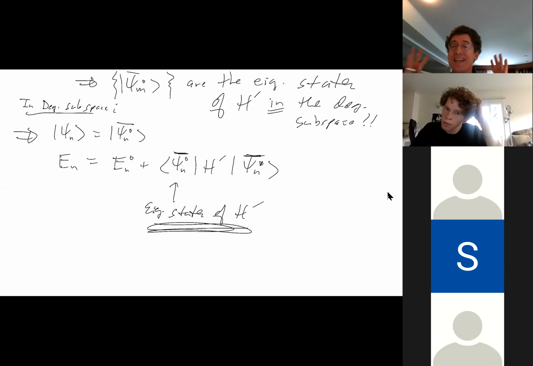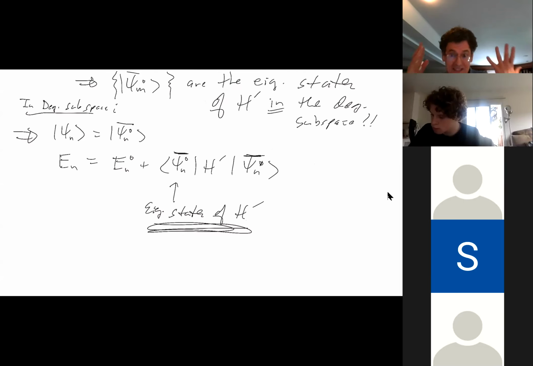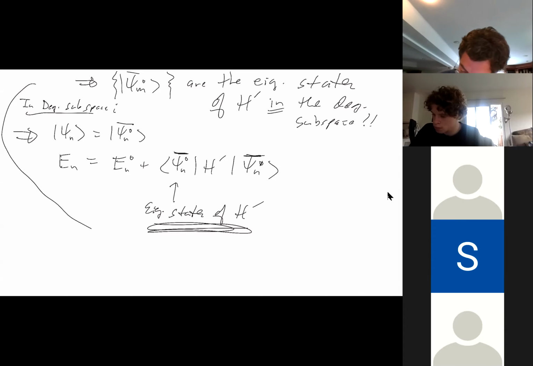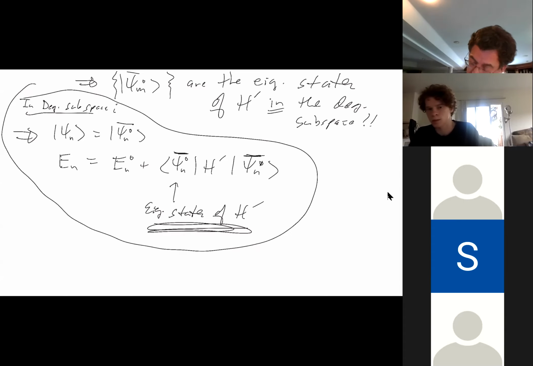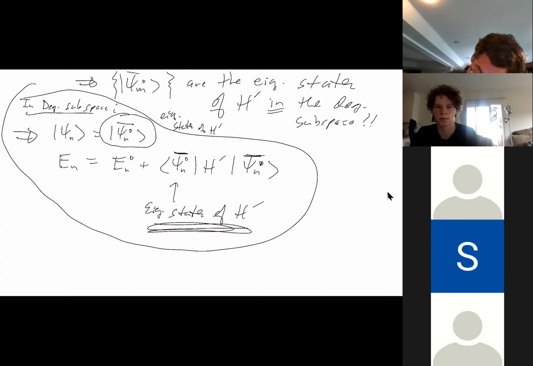Okay, so that is degenerate perturbation theory. That's it. We just did the whole thing. The whole point is that I diagonalize H prime in the degenerate subspace, and then my wave functions are these new eigenstates of H prime, and my new perturbed energy I can get using the perturbation expansion.